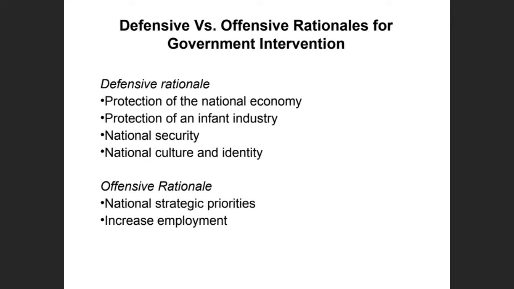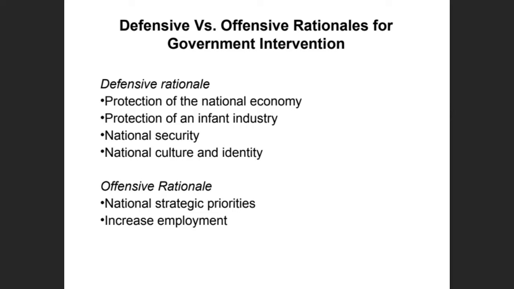Another example is Switzerland imposed trade barriers to preserve its long-established tradition in watchmaking. Switzerland is famous for this. So these are the so-called defensive rationale. Offensive rationale, national strategic priority. Sometimes intervention can help preserve or ensure the development of industries that bolster the nation's economy.